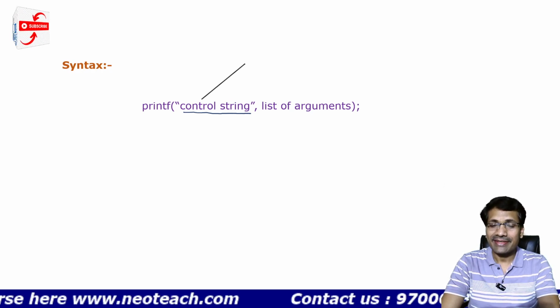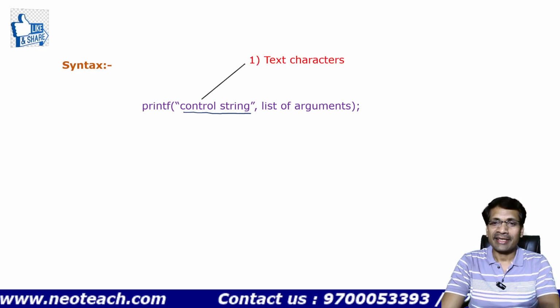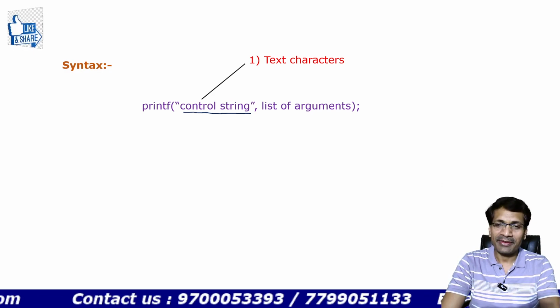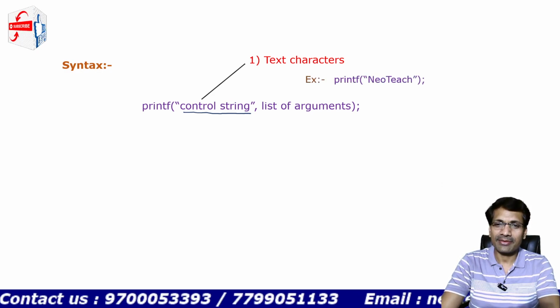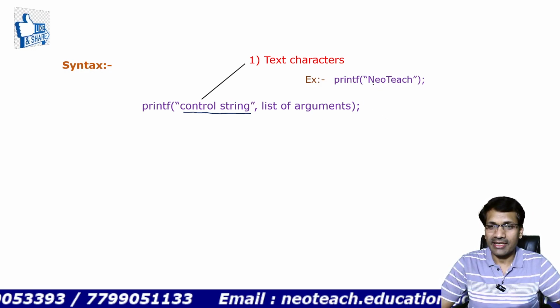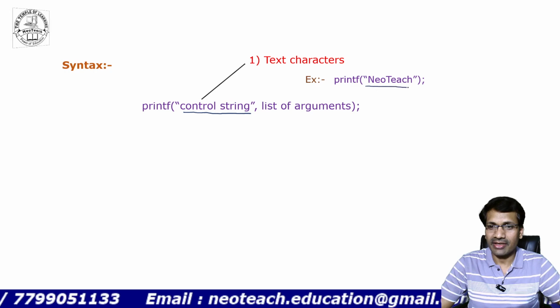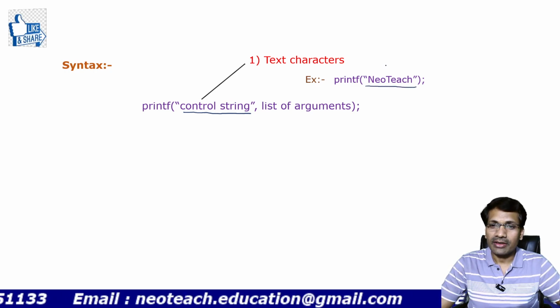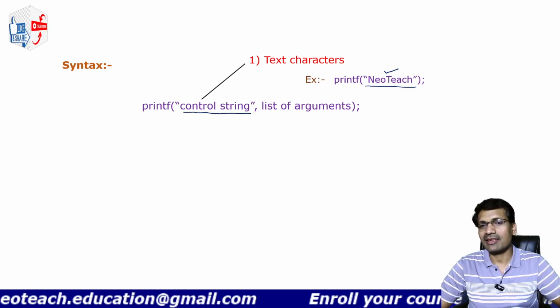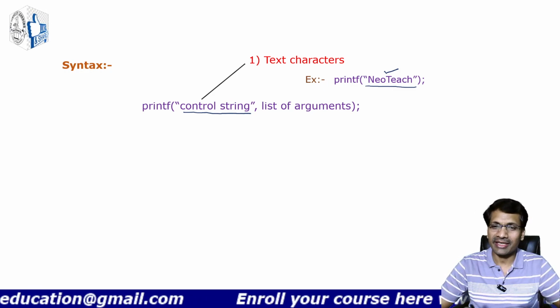Here the first one is text characters. Text characters means inside the control string we can simply write normal text. Whenever you want to display some normal content, like NeoTeach, which I am writing here, whatever you write within the double quotes is displayed as it is on the monitor, so we will get the output NeoTeach.